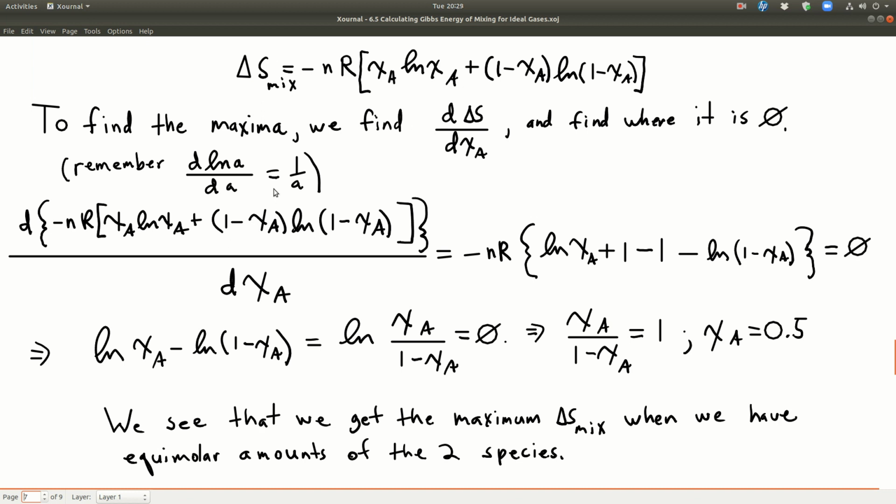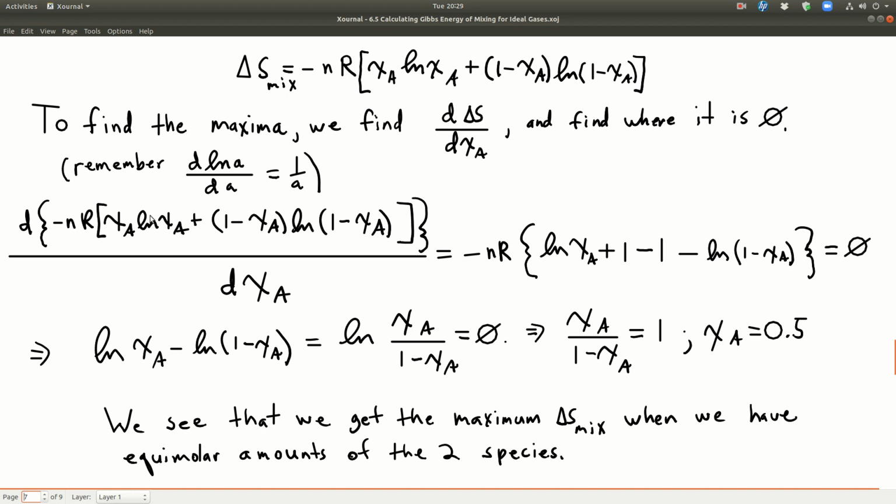To do that, just to remind you guys real quick, the derivative of the natural log of A with respect to A is 1 over A. So we're going to use that. We're going to take the derivative of this thing right here, delta S of mixing, with respect to the mole fraction of A. Notice I wrote this in terms of just the mole fraction of A, which we can do. So when we do that, first term here, the NR is just out front.